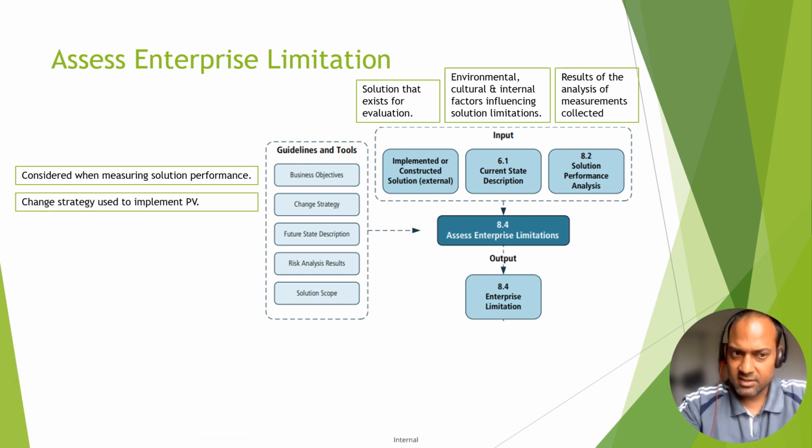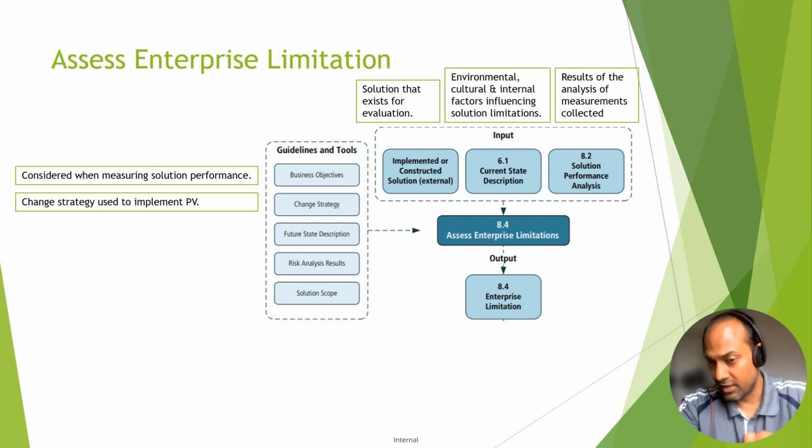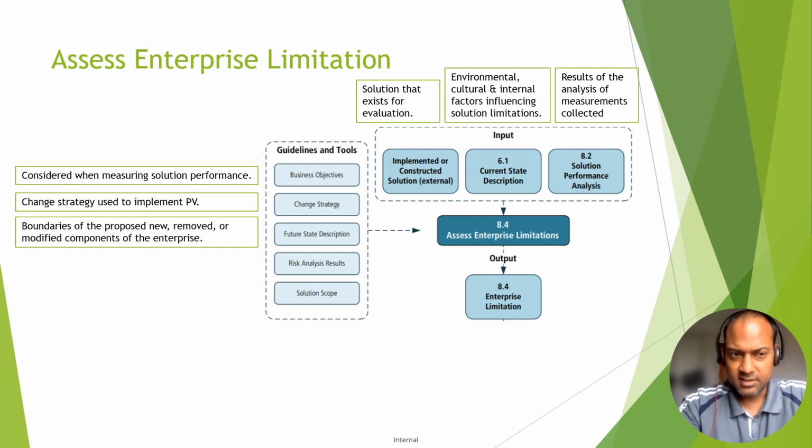The change strategy: what is the current change strategy in use that you are following or implementing to get the full potential value out of the solution. Then the future state description that talks about the boundaries of the proposed new, removed, or modified components of the enterprise.